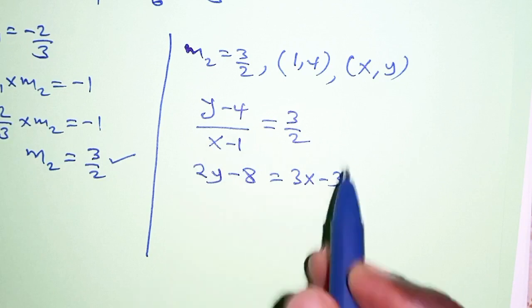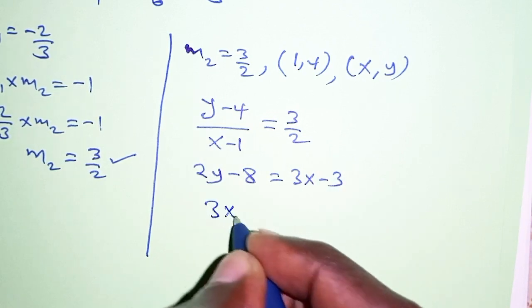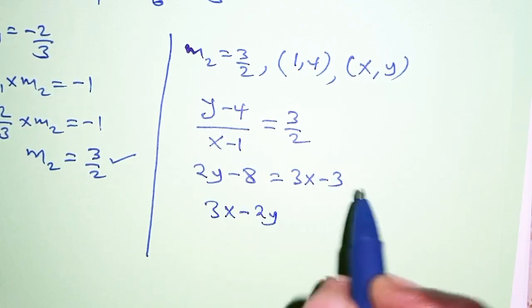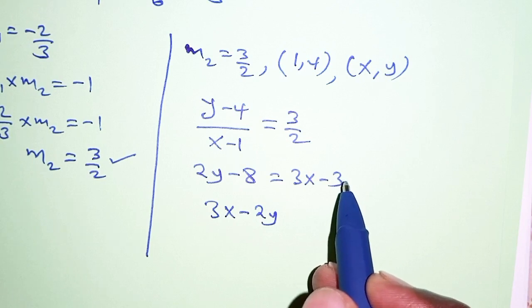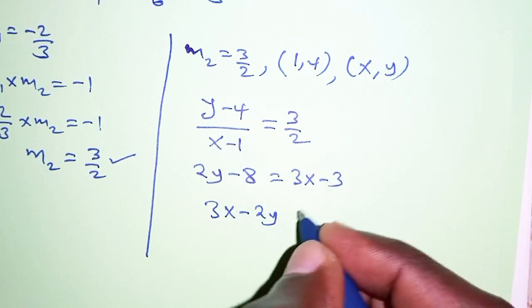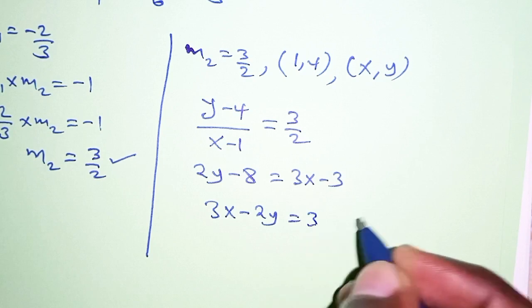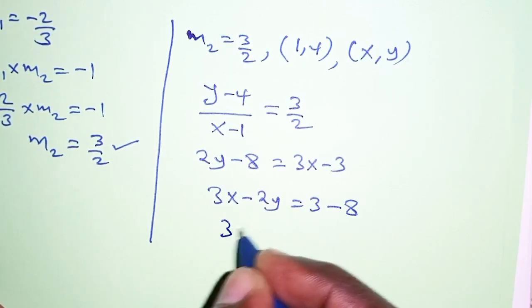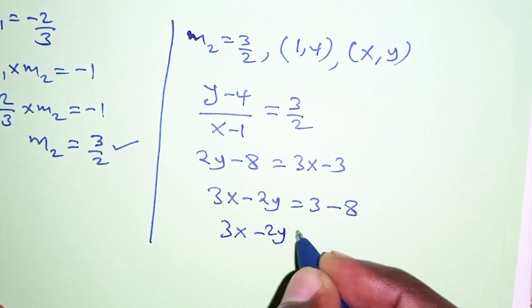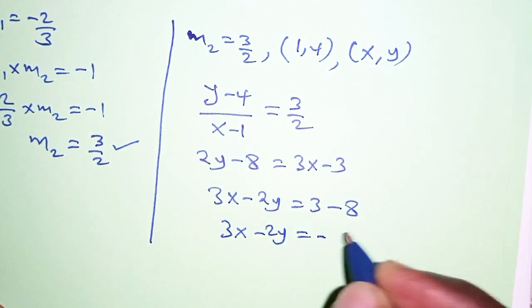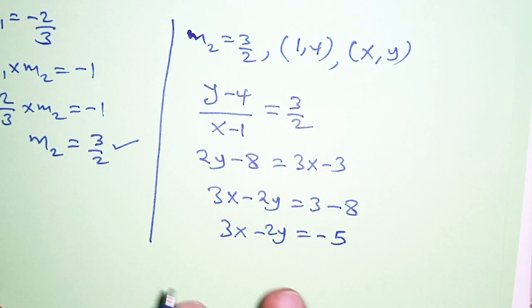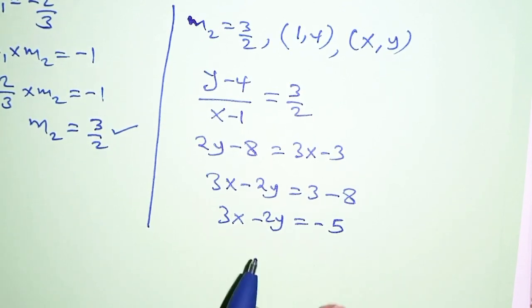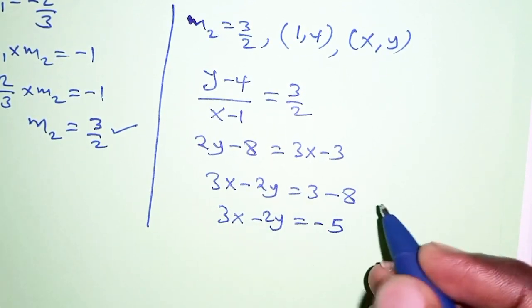We can take 2y to the right hand side so that we have 3x minus 2y. And then -3 can cross to the left hand side so that we have 3 minus 8. And this will give us 3x minus 2y is equal to -5. So we can have it in whichever form we wish.